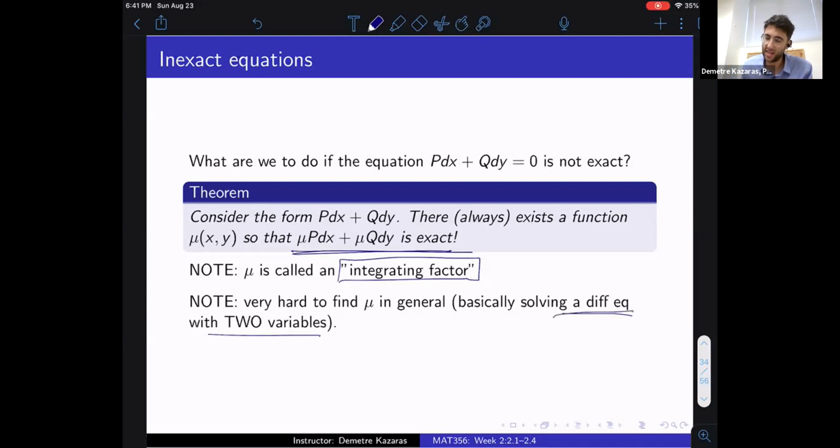If you try and write down what it means to find such a mu, this will actually be an equation for mu that depends on both x and y. You have a differential equation for a function of multiple variables.